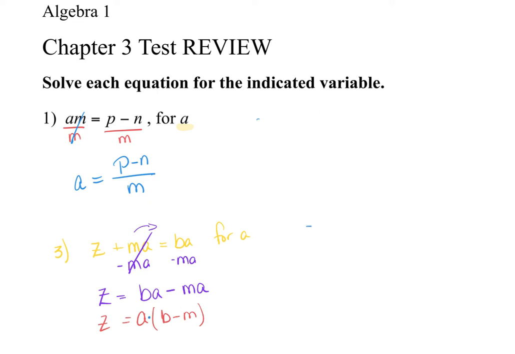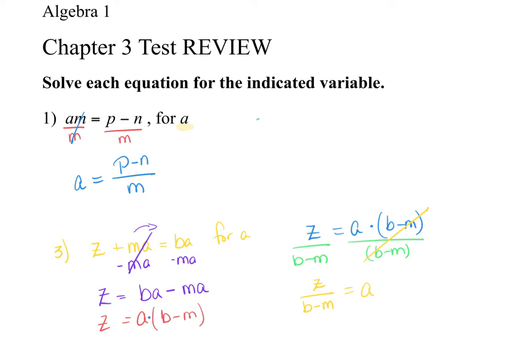And so if I am trying to get the A by itself and it is just multiplying by a group, I can actually just divide by that entire group. And on the right-hand side, that entire group will cancel. And now I have the A by itself, and that equals Z over B minus M.